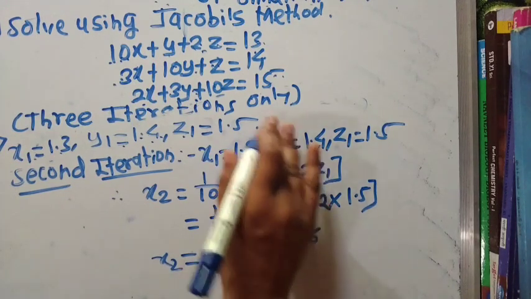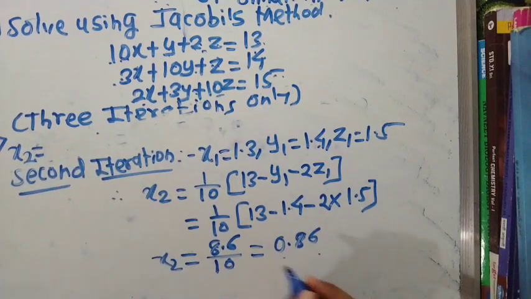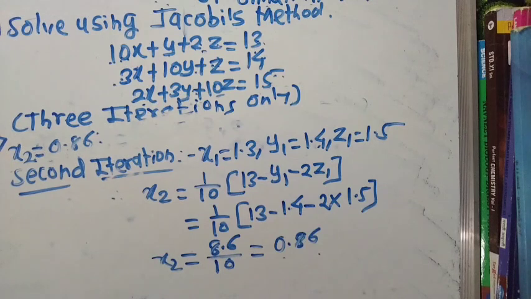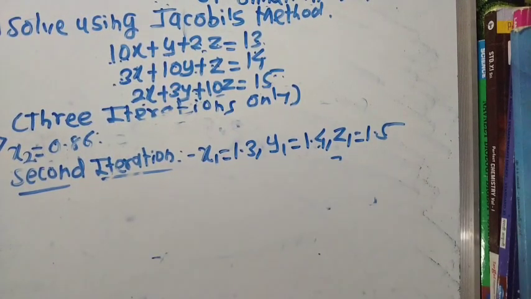So here x2 is equal to 0.86. Then find out y2.